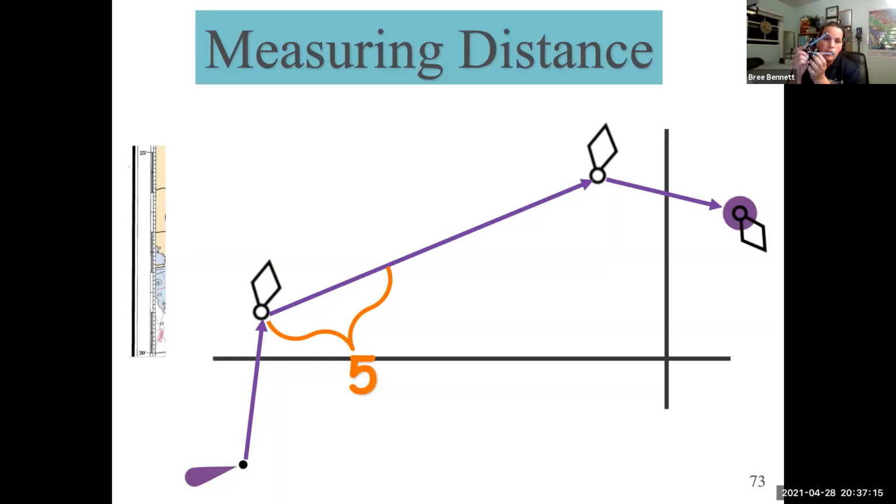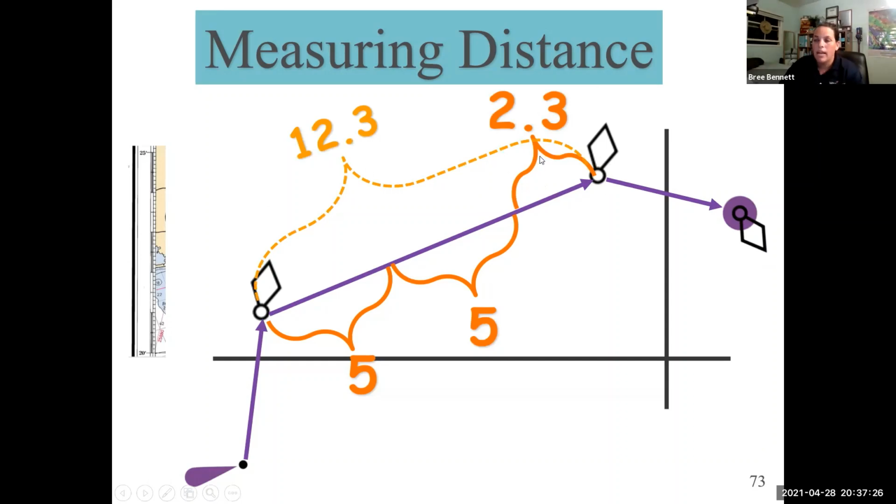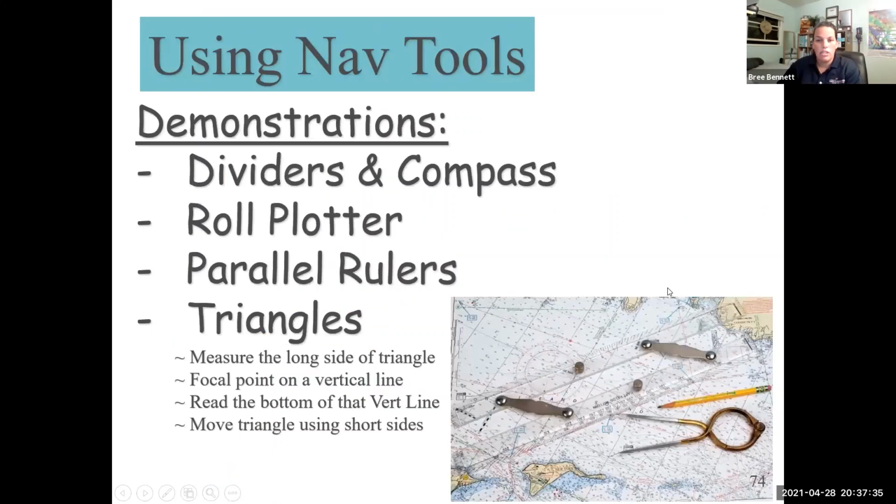And then you can walk your 5 nautical miles, and then measure the last. You add them all up and you get what the distance is. So you just divide it along the way. And we will go over that too.